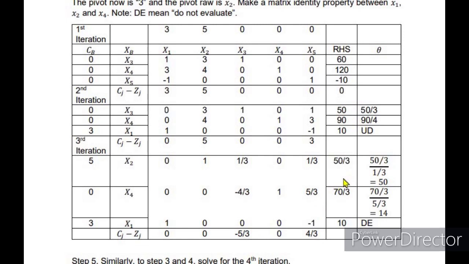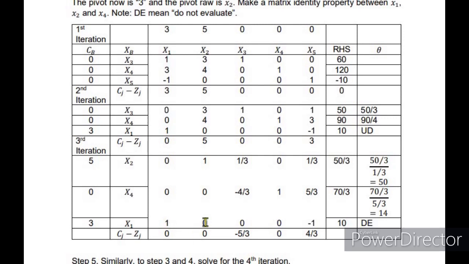Okay? So next, 50 over 3 multiplied by 4 is 200 over 3. So the original value is 90, so 90 minus 200 over 3 is equal to 70 over 3. Okay? So now for x sub 1, what is the value that will make the identity matrix?